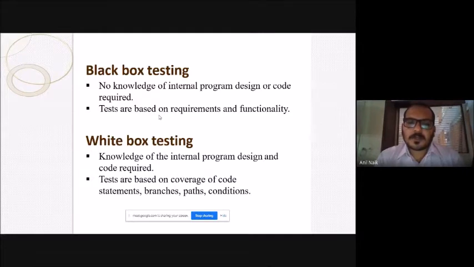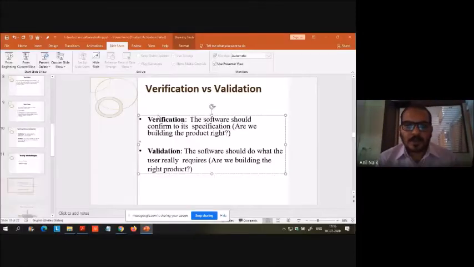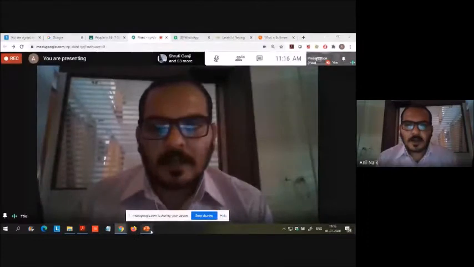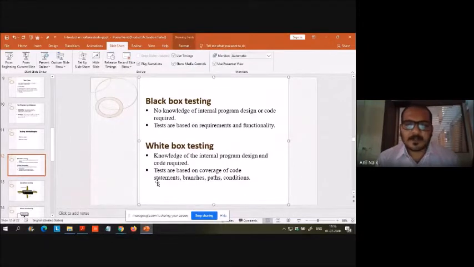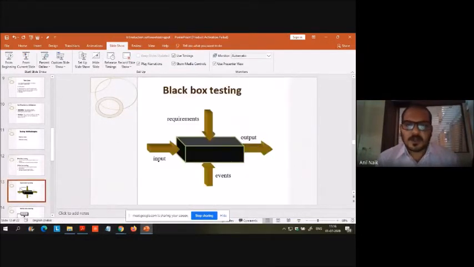And white box testing. In white box testing, knowledge of the internal program, the coding knowledge, is required. Tests are based on the coverage of code: statement, branch, paths. Black box testing means the internal knowledge, the coding knowledge, is not required.